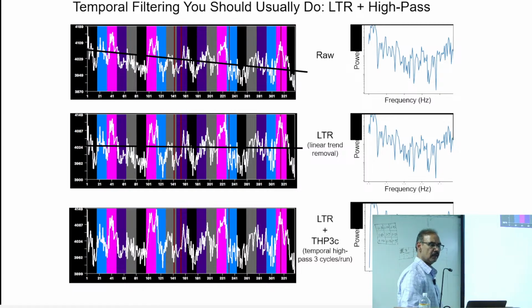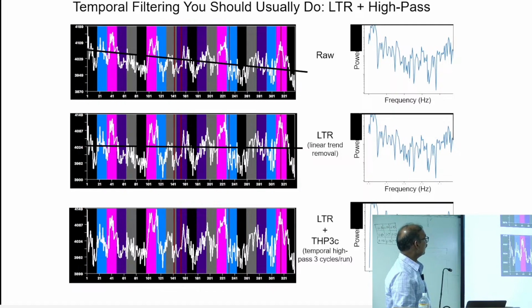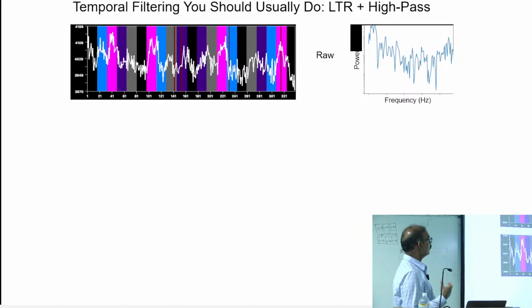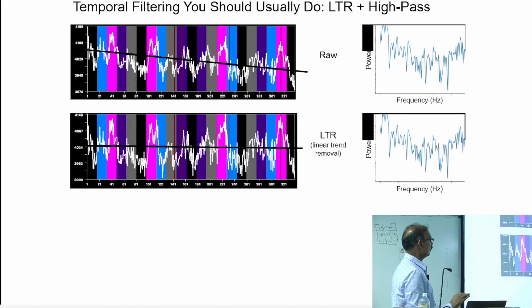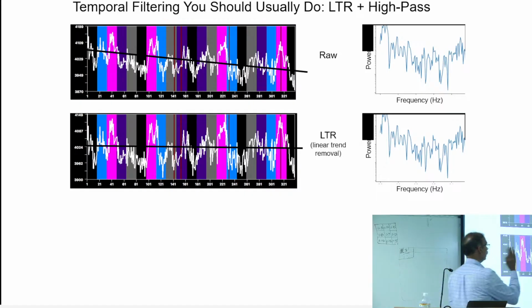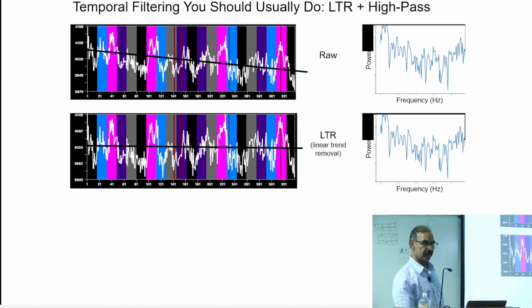And then the frequency would be like this. Here you have the raw power and then the power after linear drift removal.